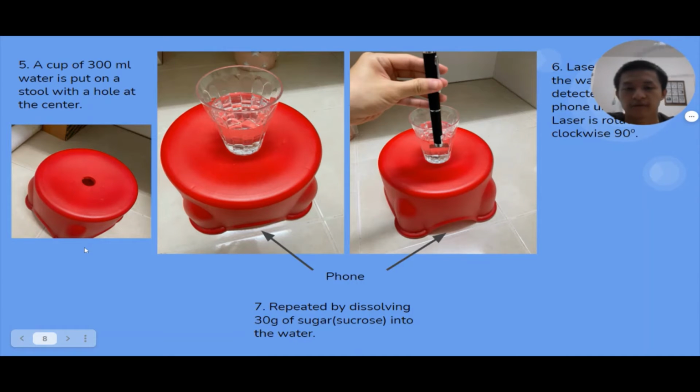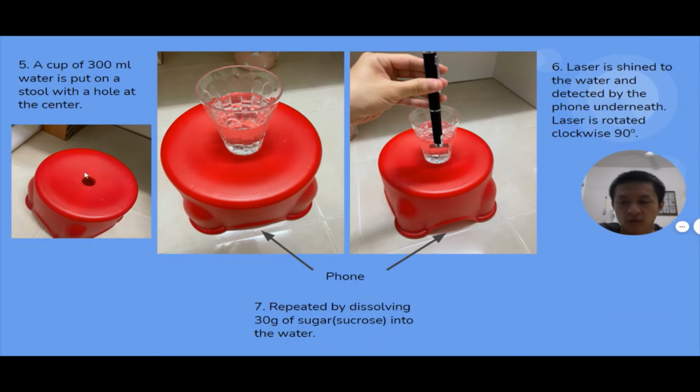And then to observe the intensity of light when there is an optically active liquid between two polarizers, first we fill a cup with 300 ml of water and put it on a stool with a hole at the center.